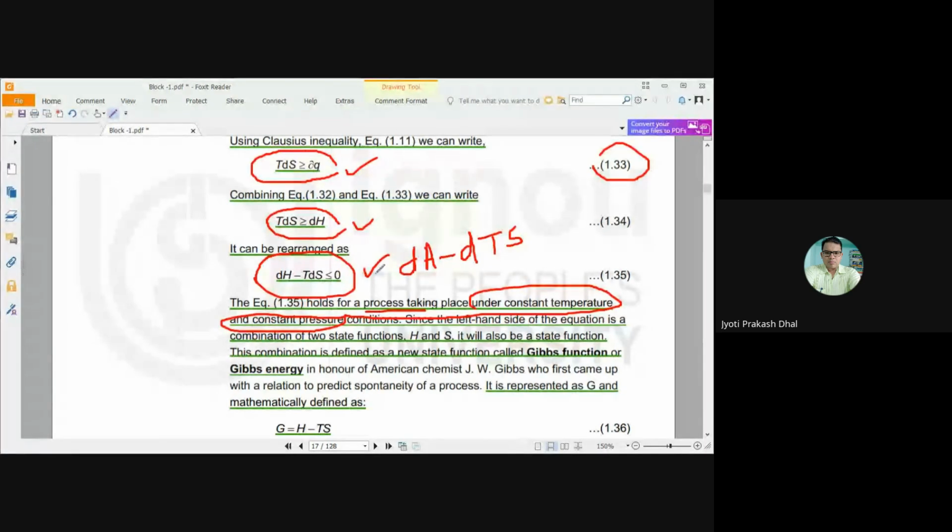So in the previous case, you can remember we used the equation dA minus TdS less than or equal to 0. But here we are using dH minus TdS less than or equal to 0, since the process is at constant temperature and constant pressure.